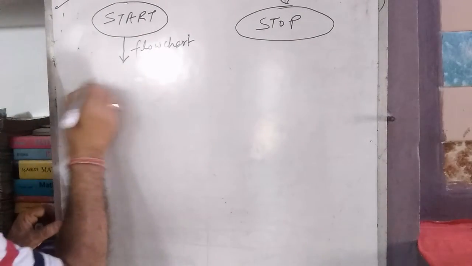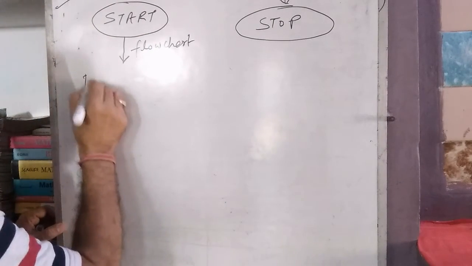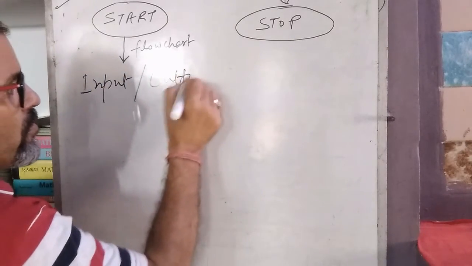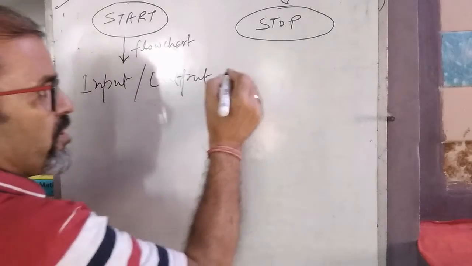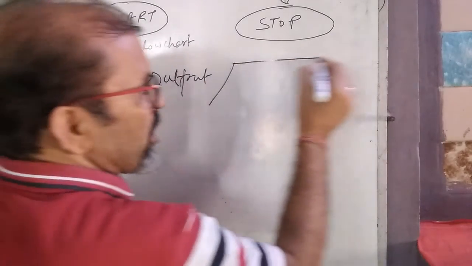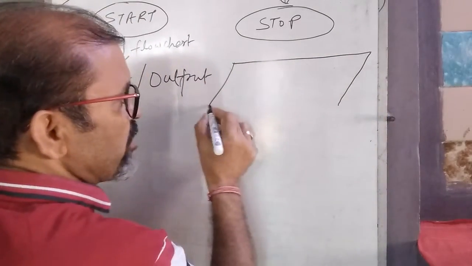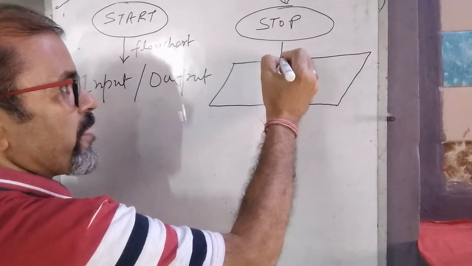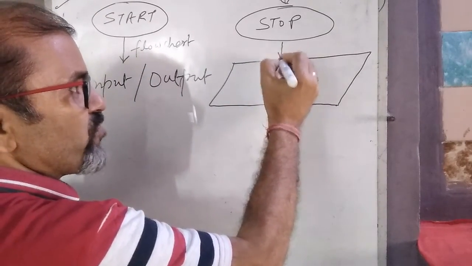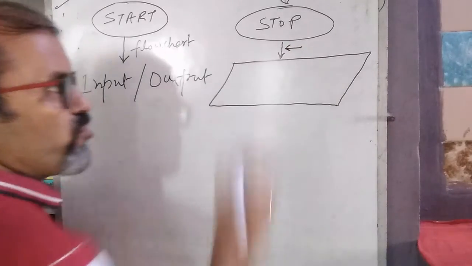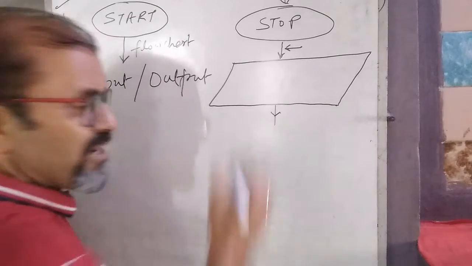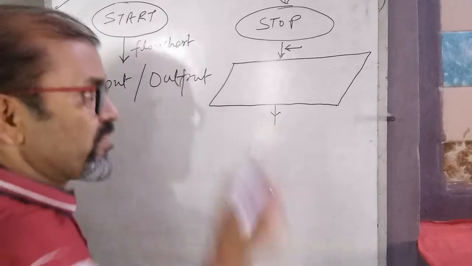Another symbol is the input output symbol. For this there is a parallelogram to represent the input or output symbol. Any number of lines, one or more lines, can enter into it, but one and only one line will exit out of it.